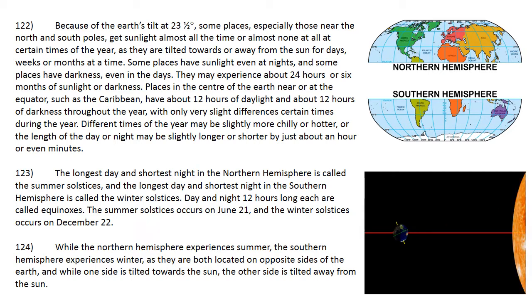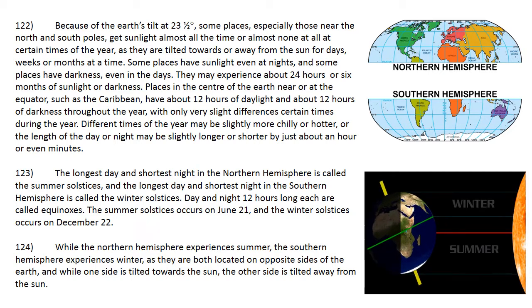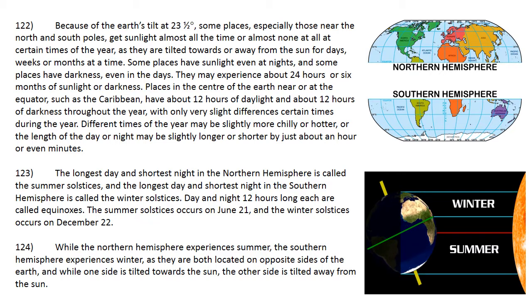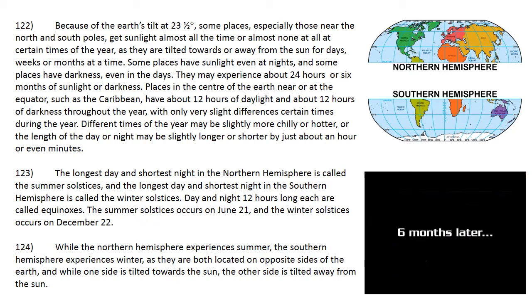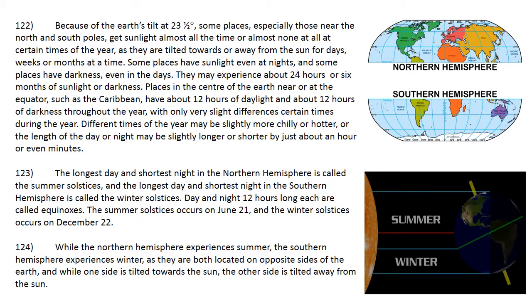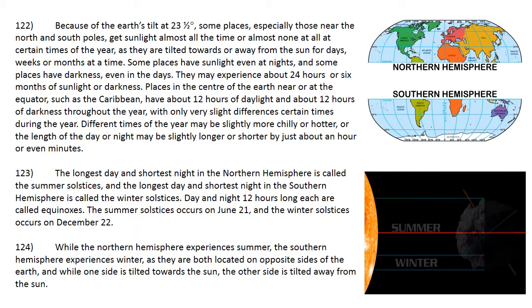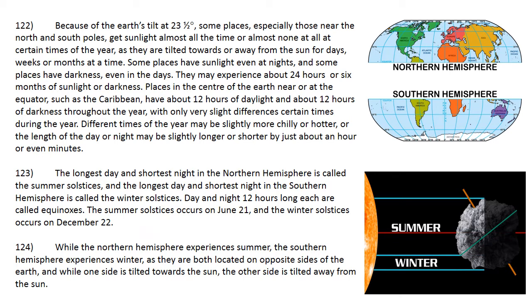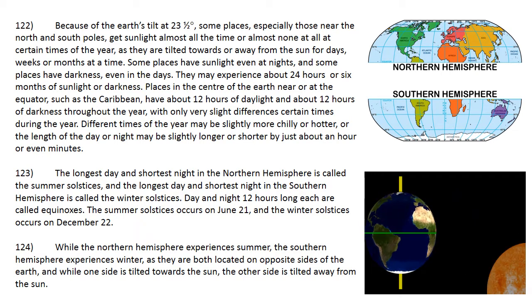Different times of the year may be slightly chilly or hotter, or the length of the day or night may be slightly longer or shorter, by just about an hour or even minutes.